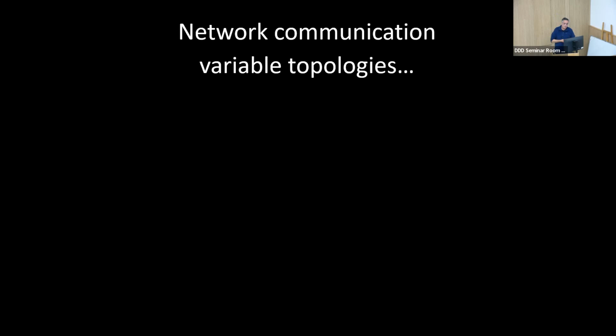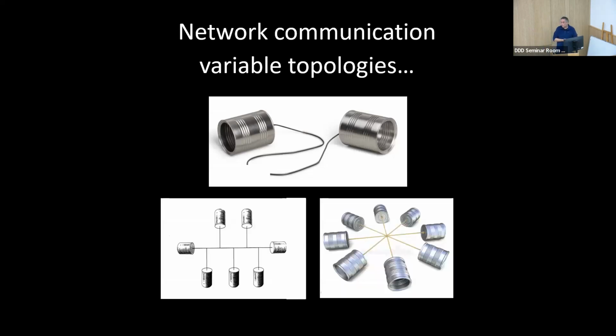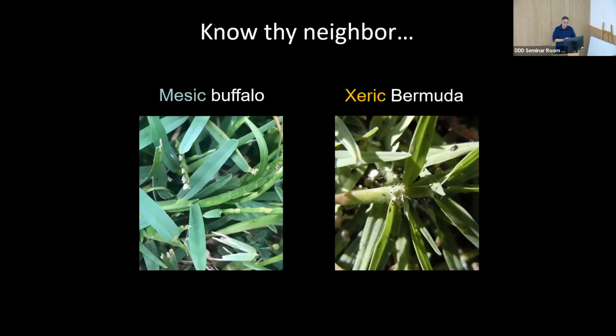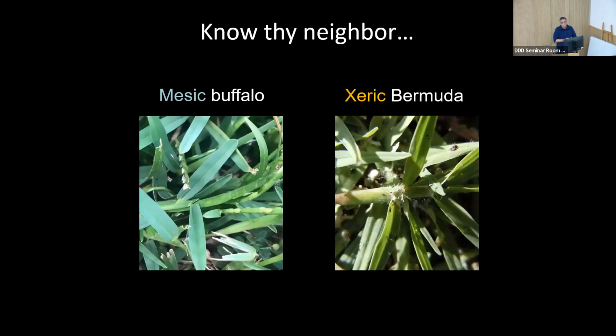Network communication could be with variable topologies. So it should not necessarily be involved just in fractional 1D kind of lines of communication as done in my experiments. It could be much more complex, at least when you talk about real populations, real communities, right? So you may think about all kinds of communications, for instance, complications which are tremendously interesting for us.